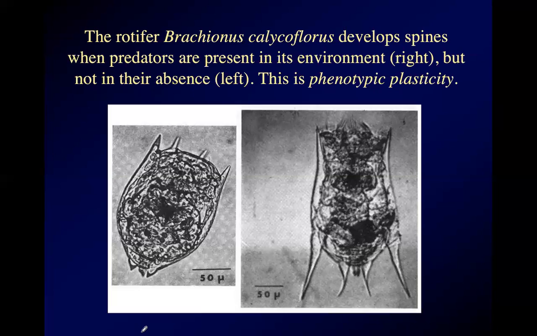Brachionus responds to some kind of chemical that the predators send out and sprouts those spines to make it more difficult for the predators to capture and eat them. That's phenotypic plasticity. The phenotype of Brachionus changes depending on what's in the environment, whether there are predators or not.